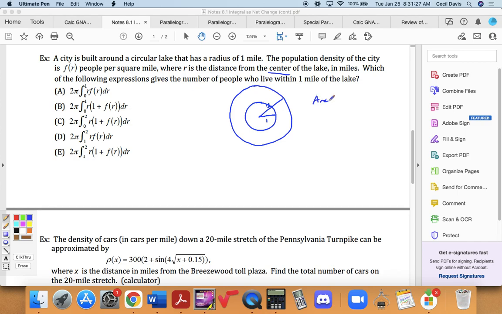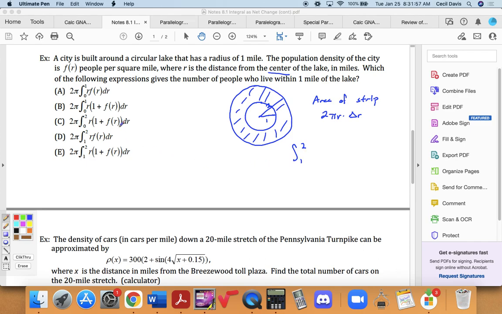The area of a strip, and that's always a good way to think about these, is 2 pi r times delta r. So we just want this part out here, right? So what is that going to affect? Exactly right. Our limits of integration are going to be from what to what? 1 to 2.